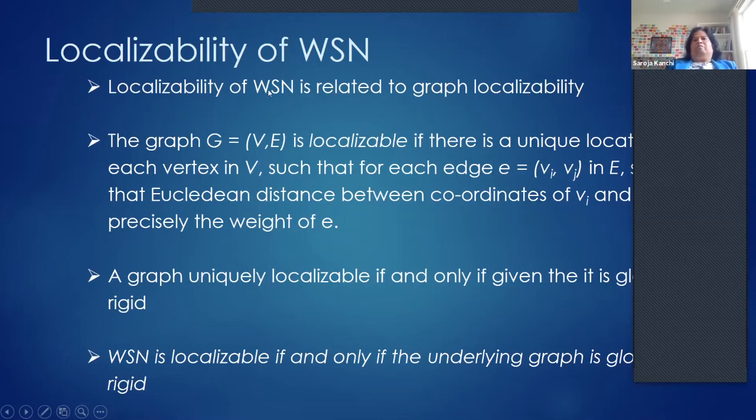Every wireless sensor network can be viewed as an underlying graph, with the vertices representing the sensor nodes that we've deployed, and the edges. It's interesting that the edges and the edge weights become what we call the signal range information. Sometimes these edge weights are available, sometimes they're not. When they're available, we have a good collection of edges to work with.